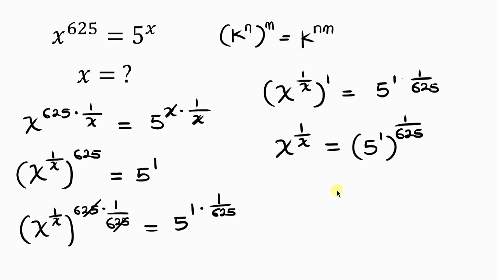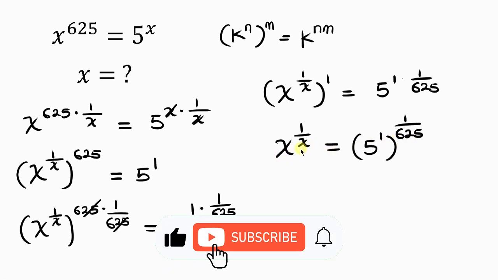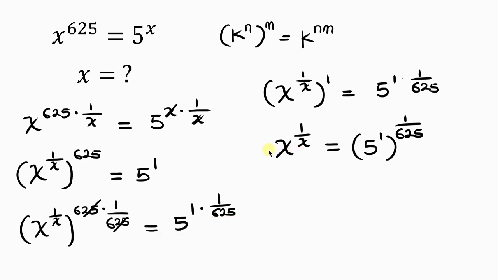Now, our next step will be for us to try to make what we have here on the right hand side to be the same as what we have on the left hand side. So since the base here is x and the denominator of the exponent is x, we'll try to make what we have on the right to look exactly the same way. All right, so on the left we have x to the 1 all over x.